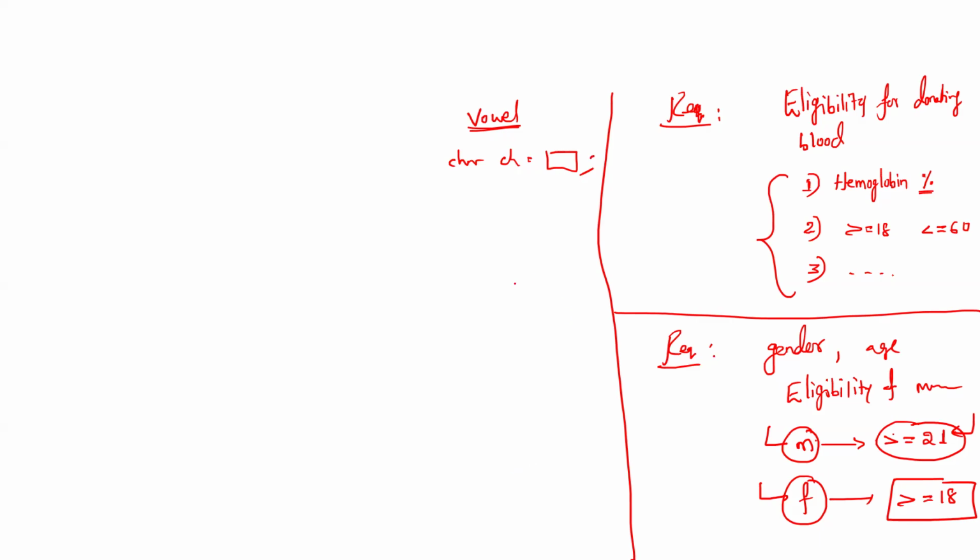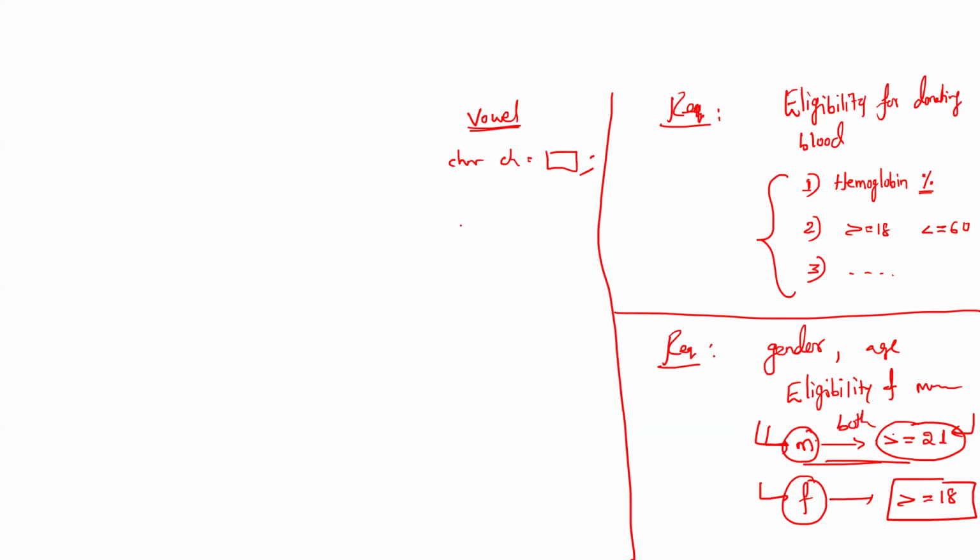Then here we are writing one block for A, one block for E, I, O, U. So instead of that, can we say if it is A or E or I or O or U, if the letter is any one of these, not all of these, then shall we go for printing it as, or concluding it as, a vowel?